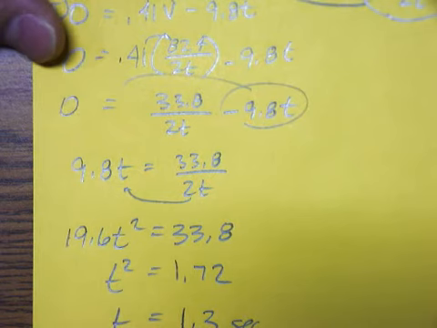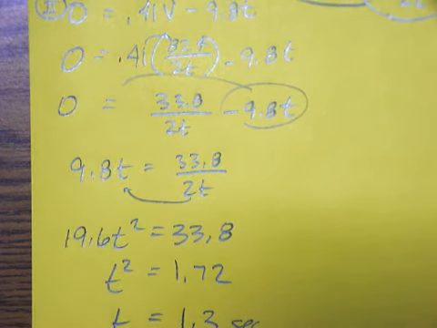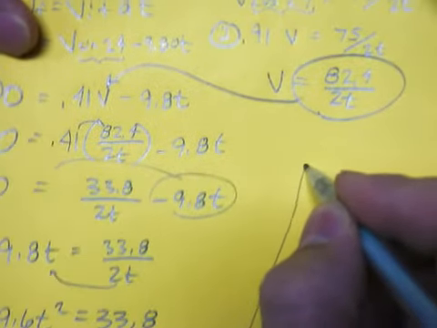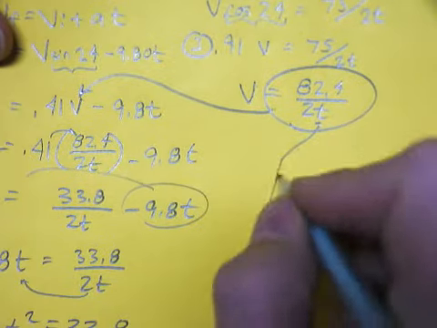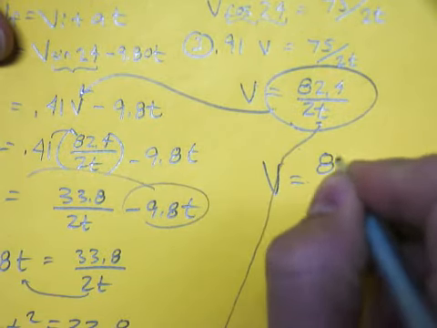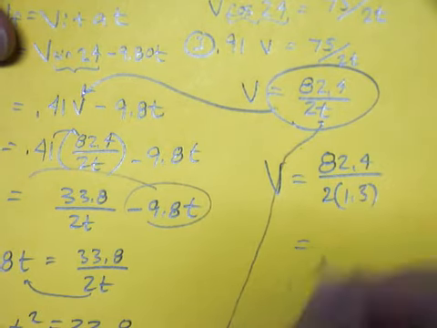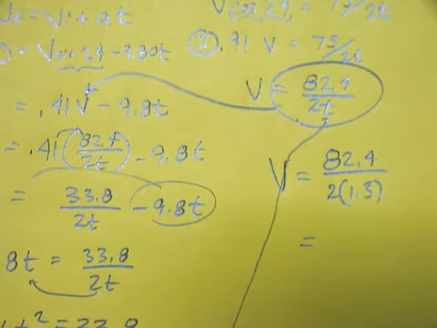Whoo baby, now I can find v actually, and that's kind of neat. I'll take this and plug it back up here. So v equals 82.4 divided by 2 times 1.3, or 82.4 divided by 2.6.